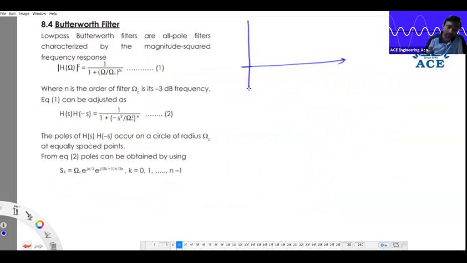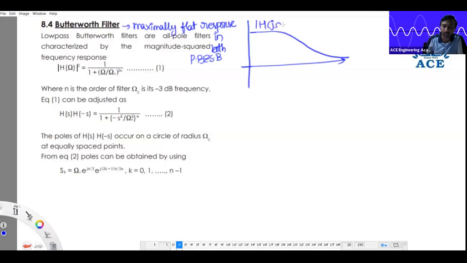Butterworth filter characteristics are like this. It has a maximally flat response in both pass band and stop band. Suppose I have taken an analog filter with a frequency response like this.